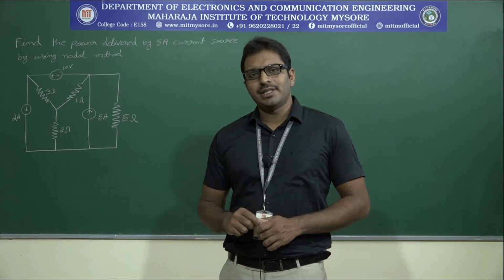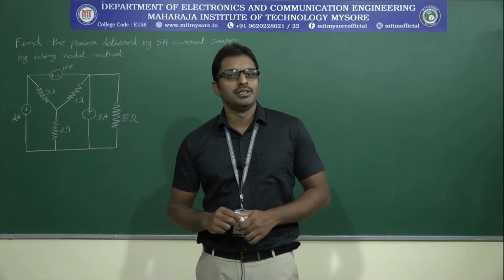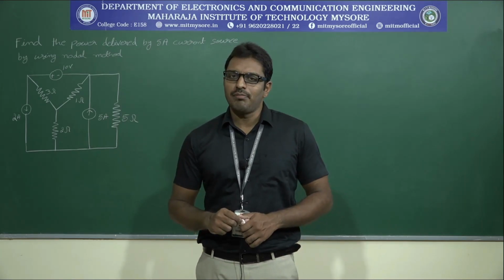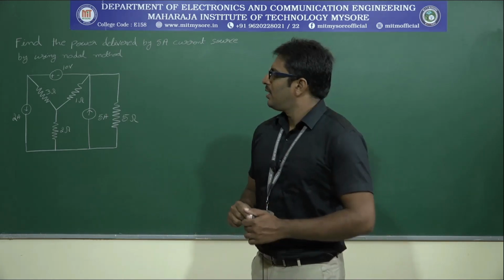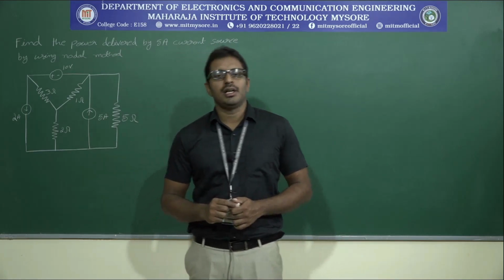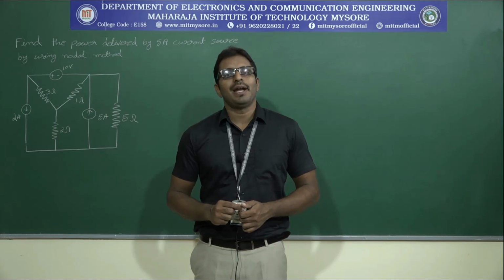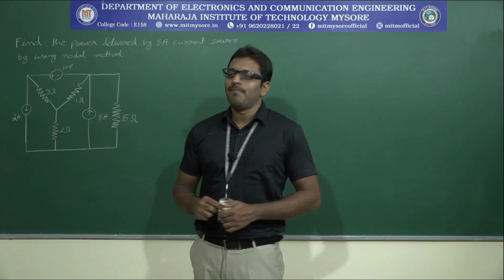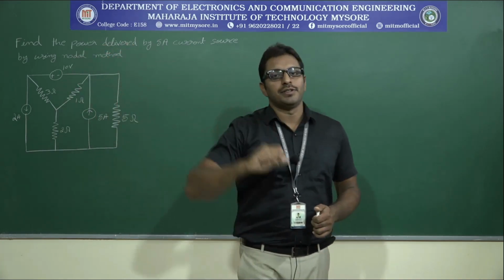A node is a common terminal for more than two branches. A junction is a common terminal for two branches. Next, a supernode is a larger node which is created by two separate nodes connected by a dependent or independent voltage source.